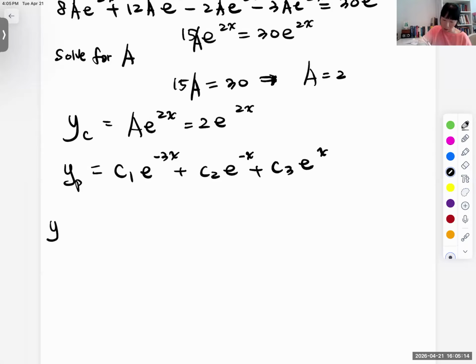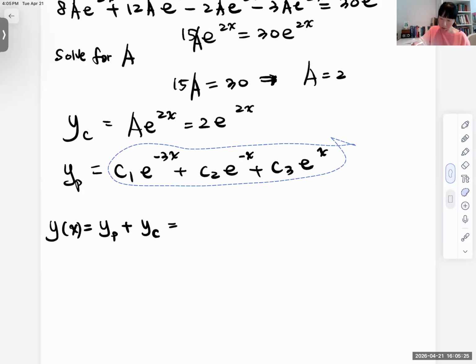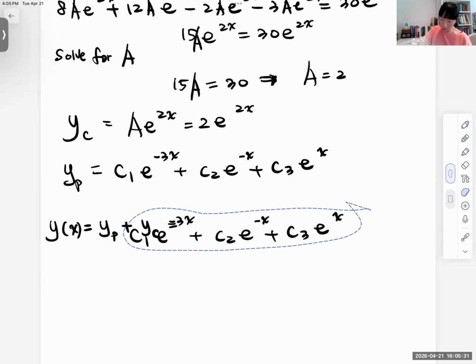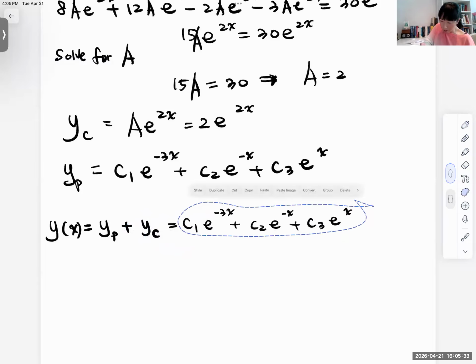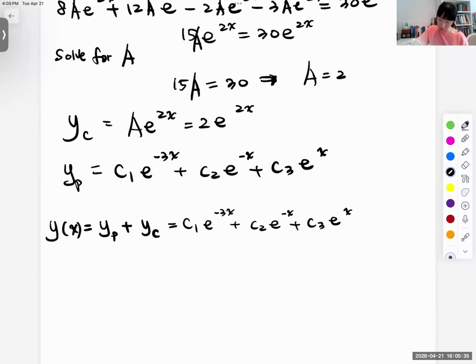So y equals the particular solution plus the complementary solution, 2e to the 2x, yeah?